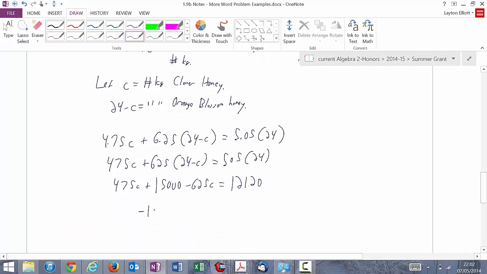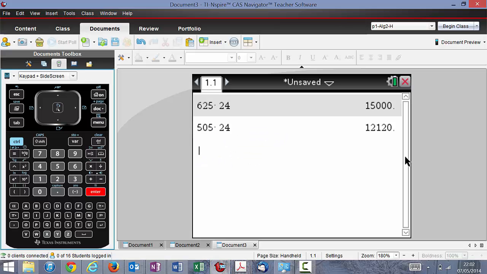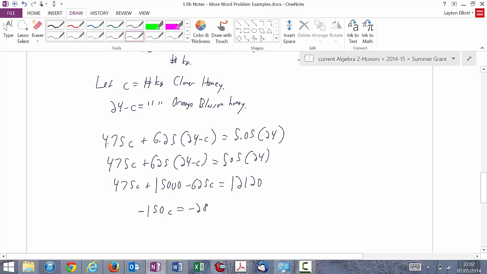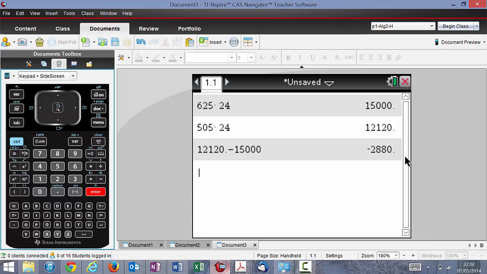So this would be negative 150C is equal to, and we'll just do this minus 15,000, negative 2880, and then divide by 150 for 19.2.